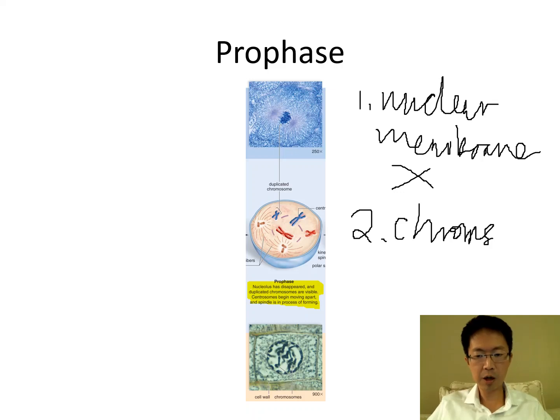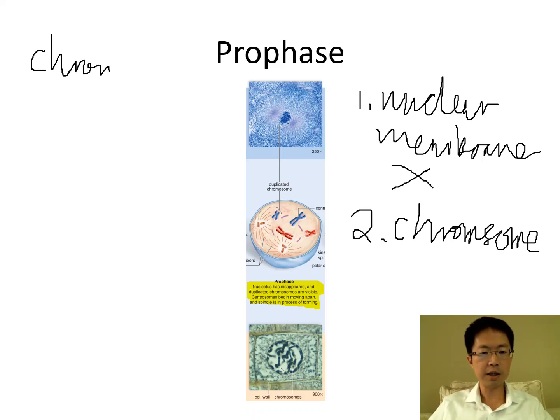And then second thing is that you will see a chromosome. Chromosome appears. Why would I say chromosome appears? Well, before S phase, in G1 phase, all the genetic material, the DNA, is arranged in the form of chromatin.